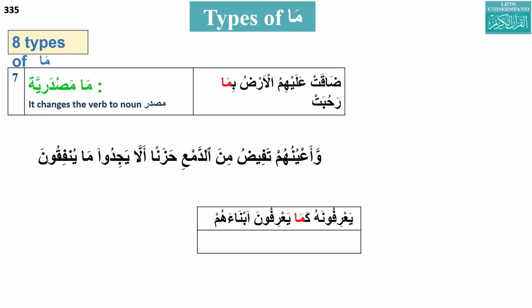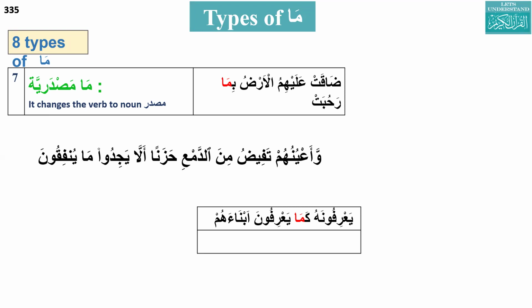Masdar is a noun. So this is ma masdariya. What does this ma masdariya basically do? This is a ma which is used to change a verb into a noun, meaning to convert the verb, fi'l, to masdar.